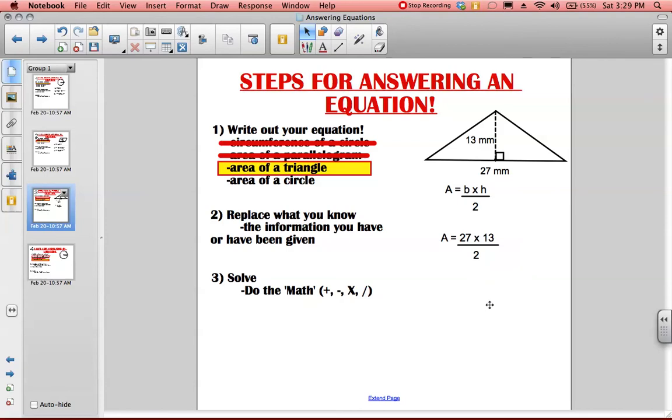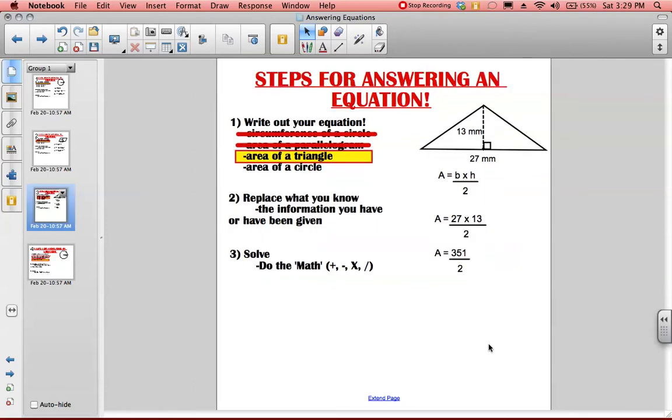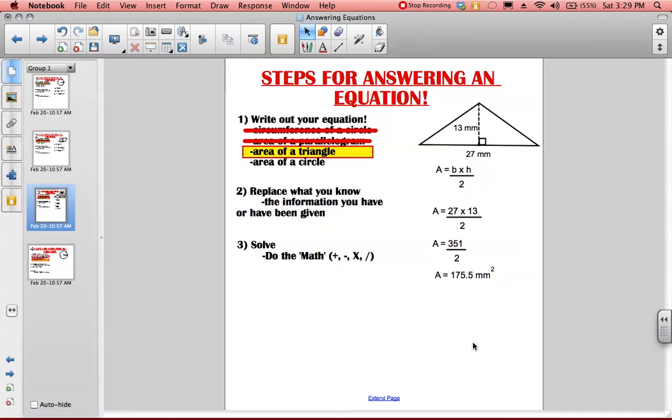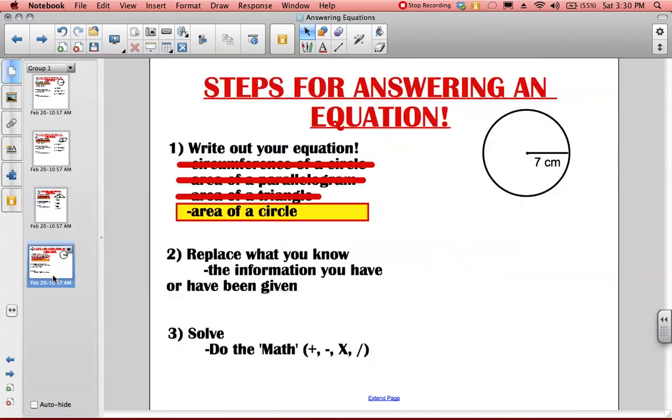We do our top math first, which is 27 times 13 equals 351, divided by 2 equals 175.5 millimeters squared.